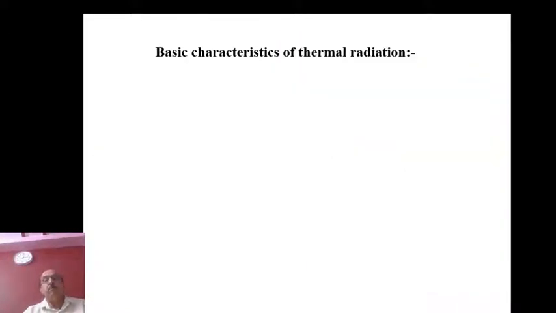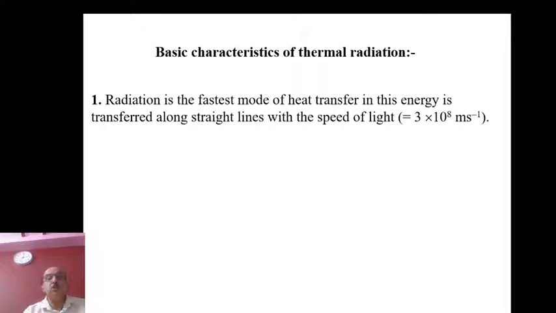Now, the basic characteristics of thermal radiation. Number one, radiation is the fastest mode of heat transfer. In this, energy is transferred along a straight line, because electromagnetic waves always travel in a straight line with the speed of light.